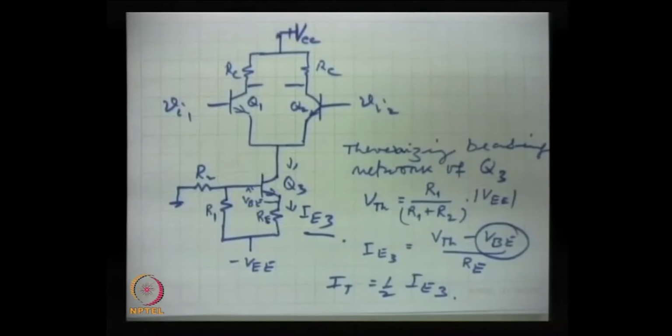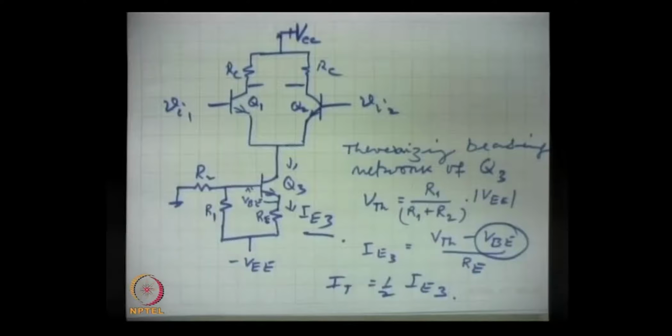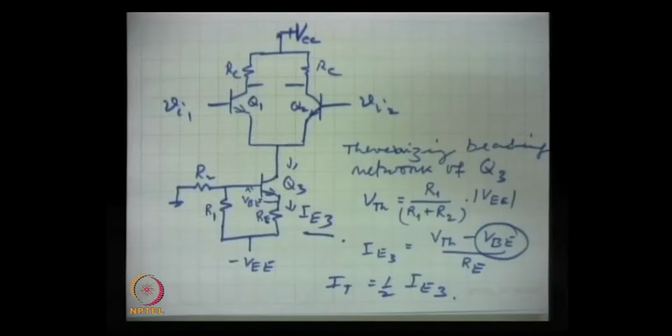It falls 2.5 millivolt per degree. So, if this input voltage V_BE varies, that will vary the I_B of this transistor, and hence I_E will vary because of temperature variations.